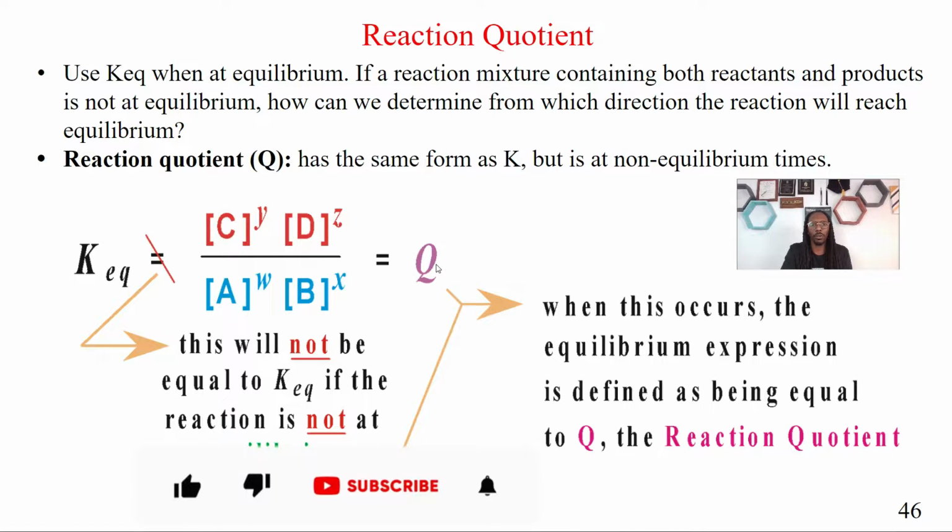We still have our products over our reactants with our coefficients raised as exponents. So literally exactly the same. The only difference is we're not at equilibrium.